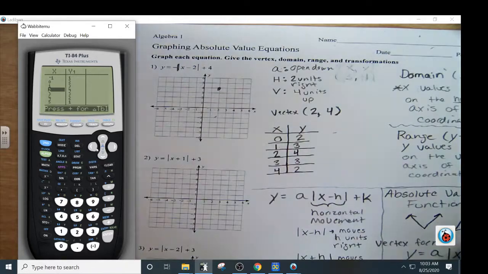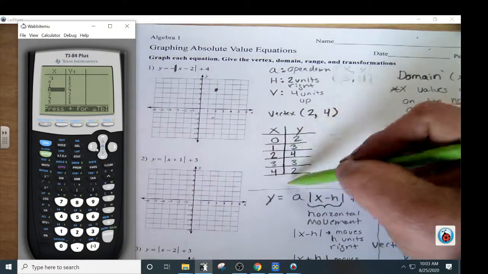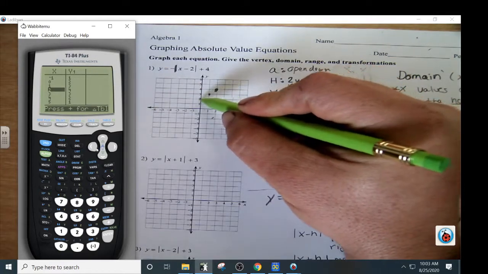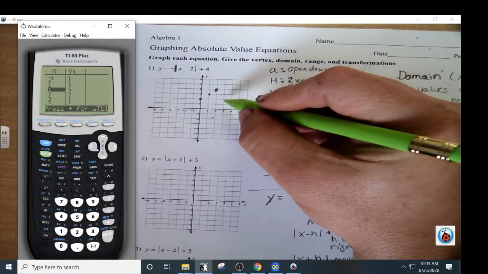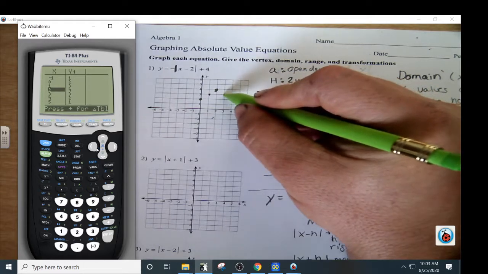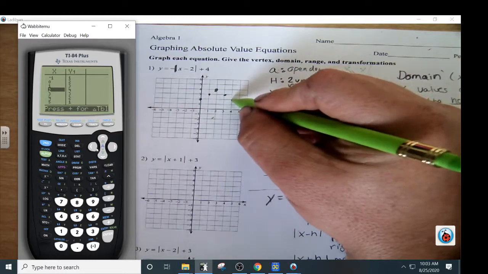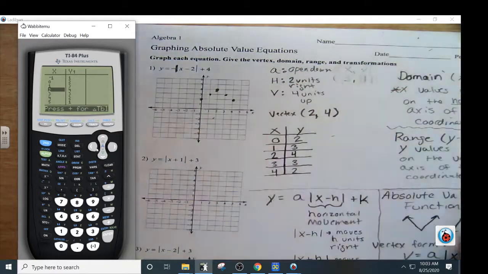Now, if I graph this according to my table here, 1, 3, 0, 2, 3, 3, 4, 2. So, guys, that's about all you need to graph.